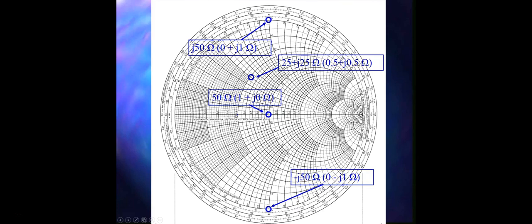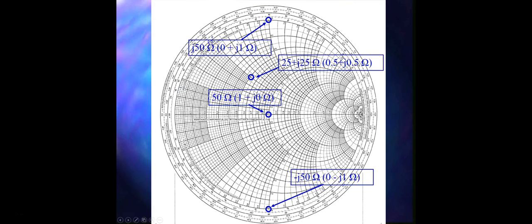And then to find out the complex value, what we are going to do is look in this direction for j0.5. So first we select the point here, 0.5, which is the pure resistance, and then you will move here and look here for the inductive reactance.